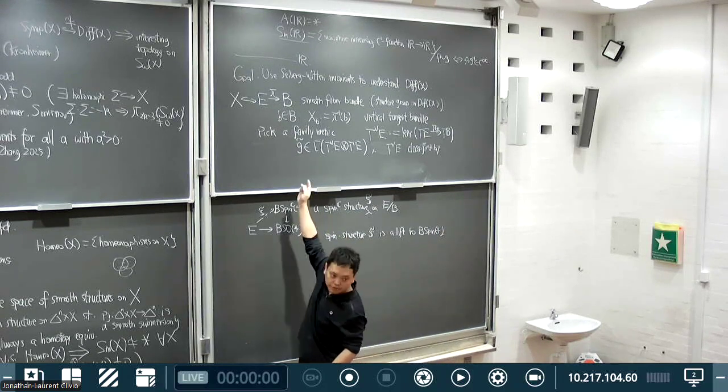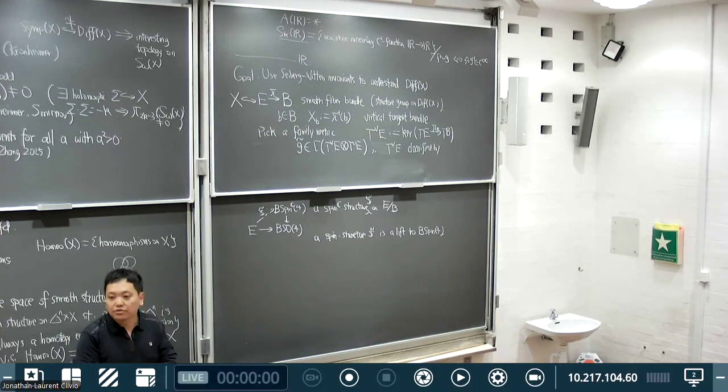So you can further try to lift this to BSpin(4), which will give a spin structure.